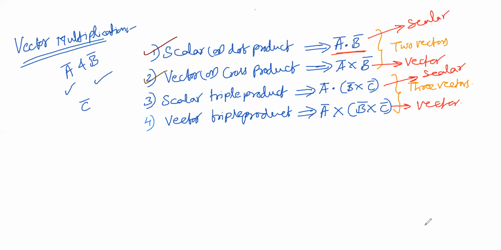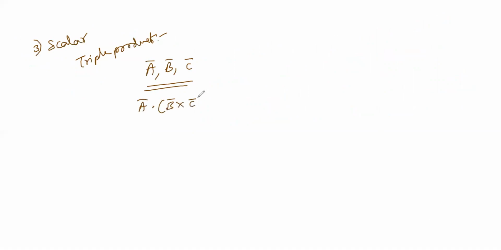Next we can see the scalar triple product. Here we need three vectors A bar, B bar, C bar. Let's look at this expression: A bar dot B bar cross C bar equals B bar dot C bar cross A bar, which equals C bar dot A bar cross B bar.